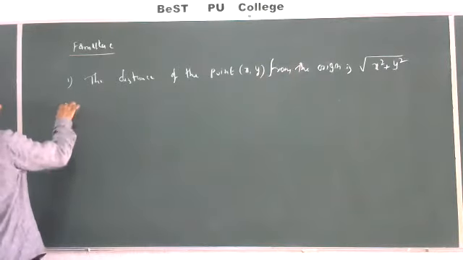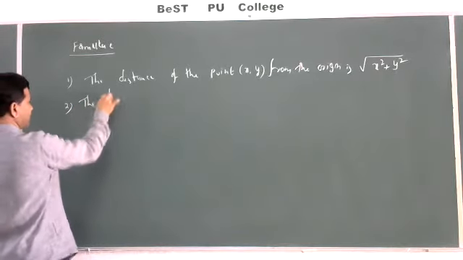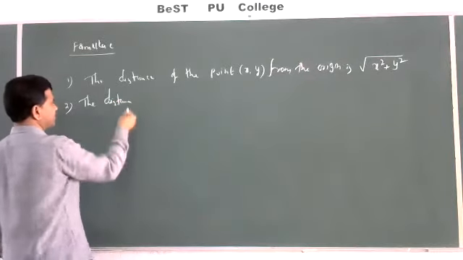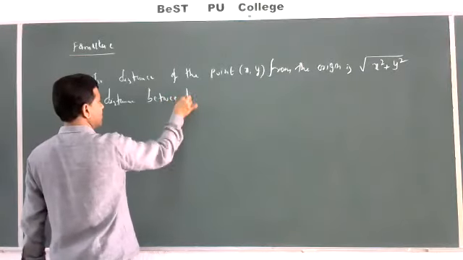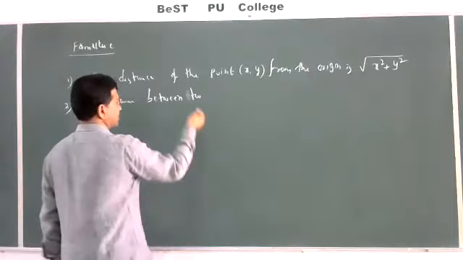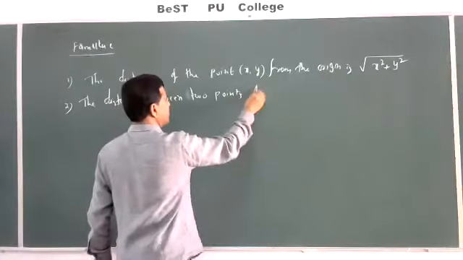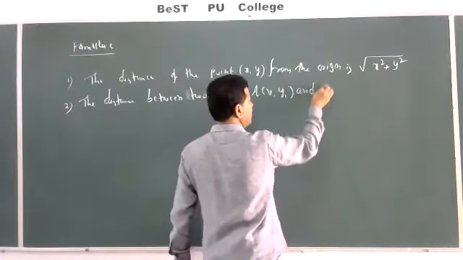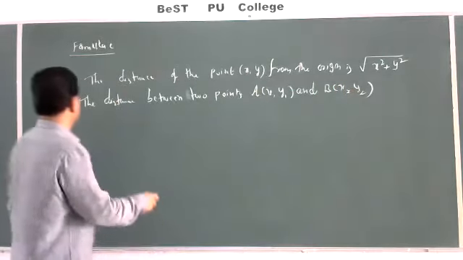The second formula is the distance between the 2 points A(x1, y1) and B(x2, y2) is, what is the answer?